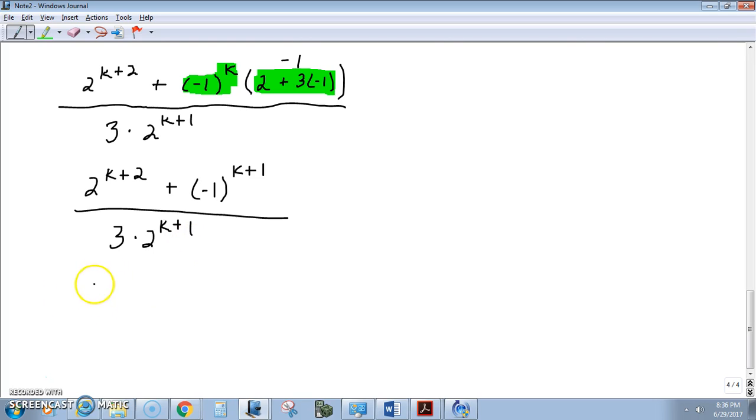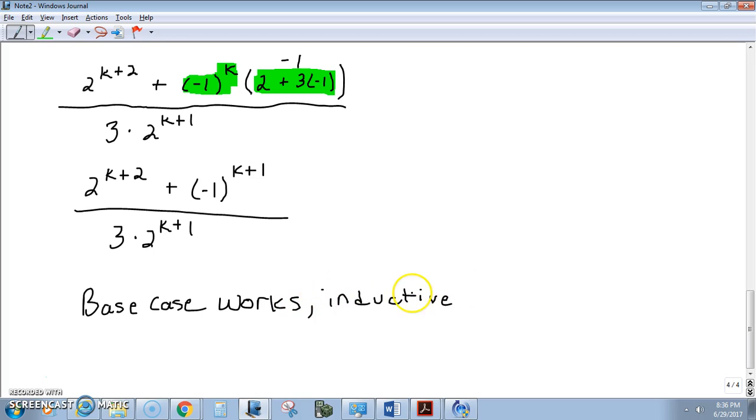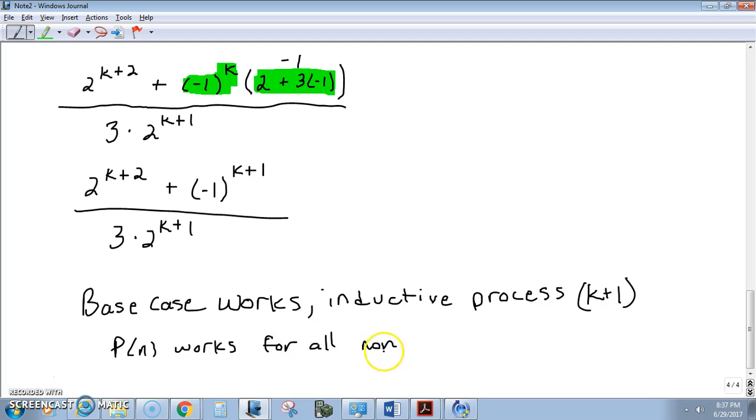Therefore, since I have shown that my base case works, and I have gone through the inductive process to show, sorry you guys, I guess I should have written this out, the process to show that it also works for k plus 1, I know that P of n works for all non-negative integers n.